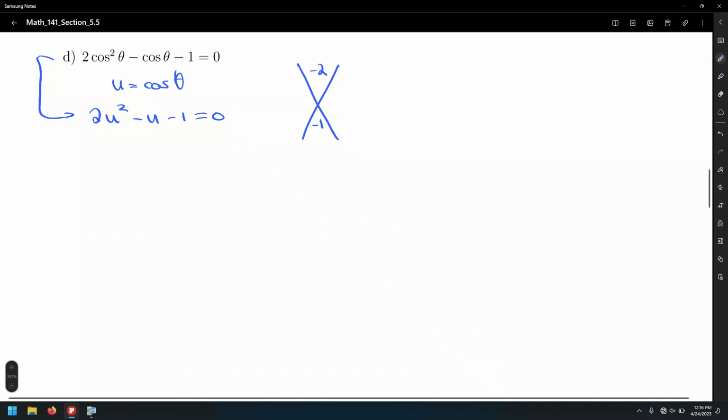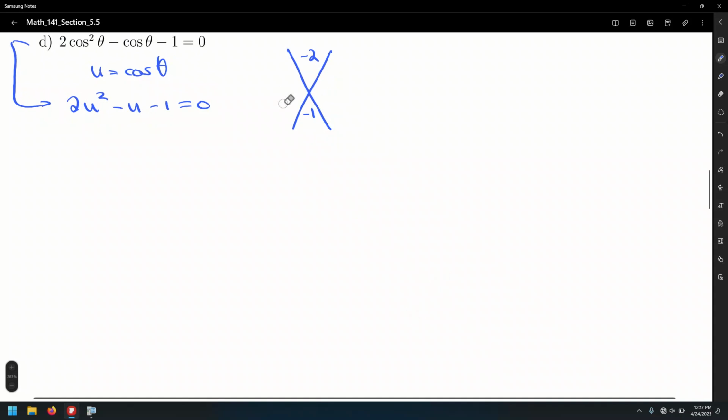Any ideas of what those two numbers are? Factors of -2 that add up to -1. -2 and 1. Sounds good. -2 and plus 1, because -2 times 1 is -2, and -2 plus 1 is -1, indeed.